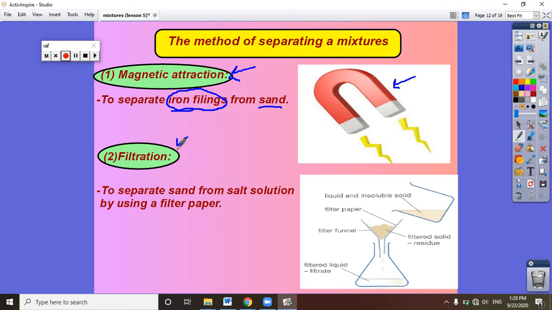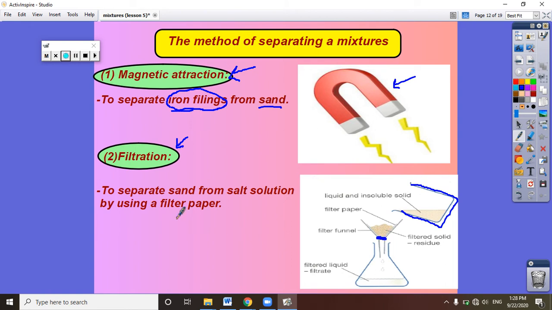Number two, filtration. We use filtration to separate a sand and water mixture. Here in this beaker I have a sand and water mixture, and in this funnel there is something called filter paper.